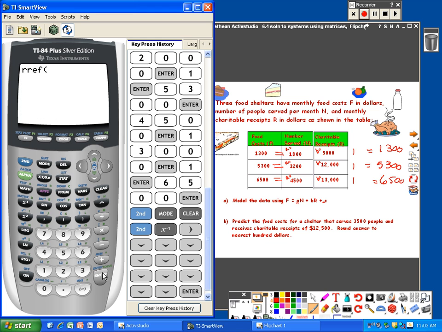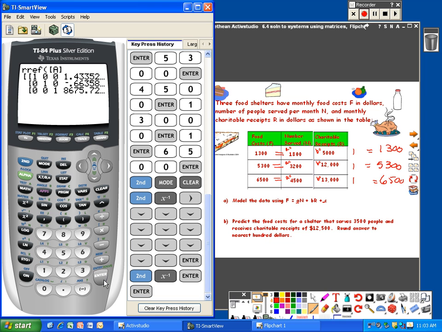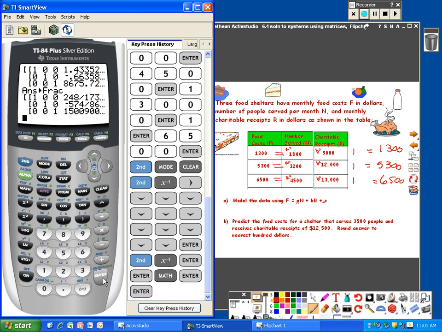And I put my information in matrix A. So I go back to matrix. A is highlighted, so I hit enter. And then I hit enter. And I get these decimals. So if we want to see it in fractions, push your math button. Fraction. Enter. And I get x equals 248. Oh, I must have a mistake there.